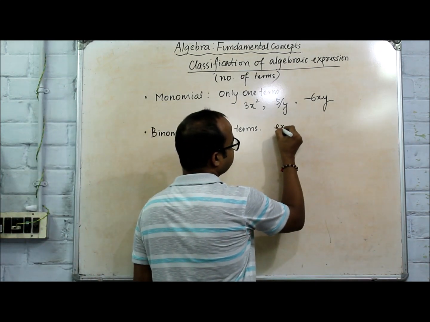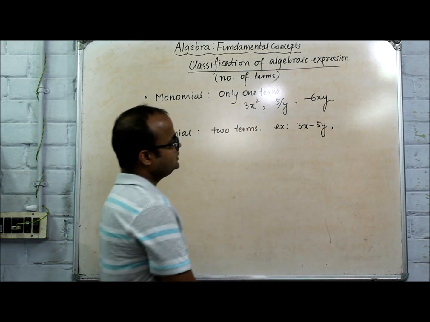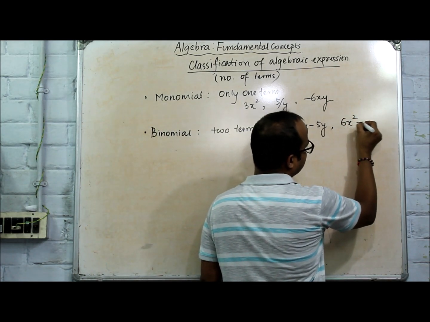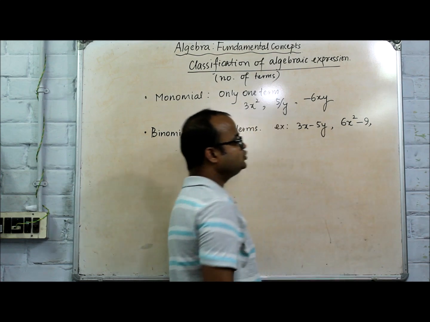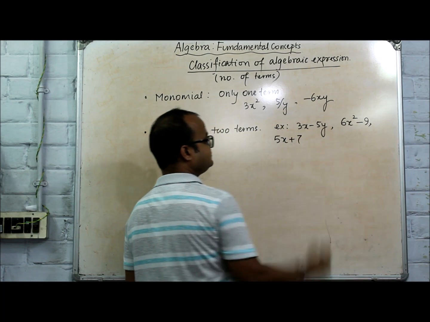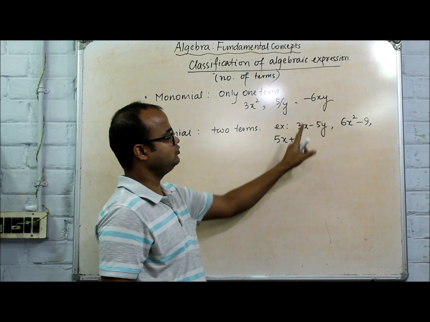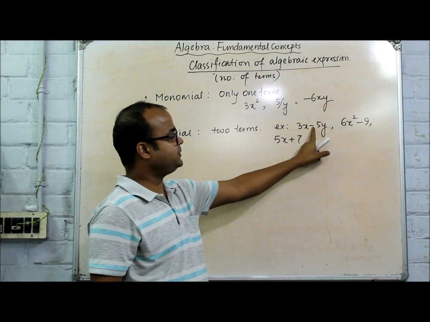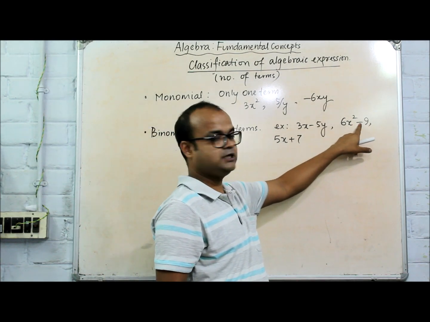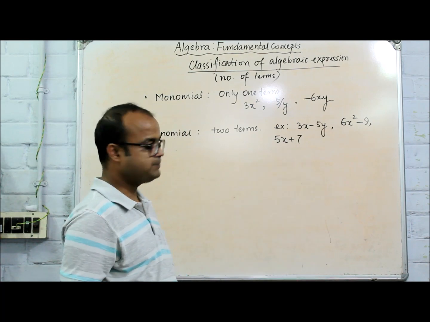For example, 3x minus 4y, or 6x square minus 9, two terms, or 5x plus 7, all are examples of binomial. The number of times plus or minus appears is 1, so the number of terms is 2 plus 1, that is 2. Same way 5x plus 7.